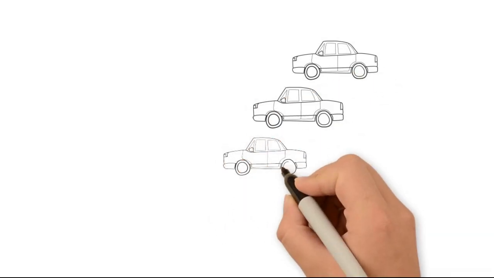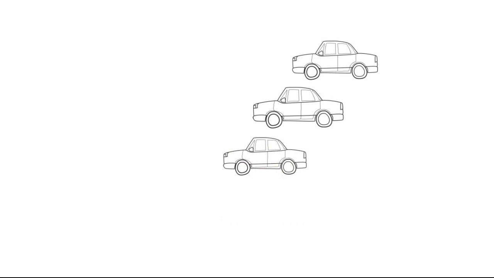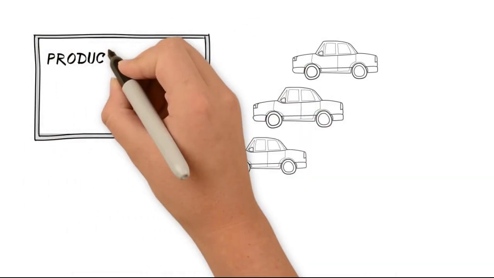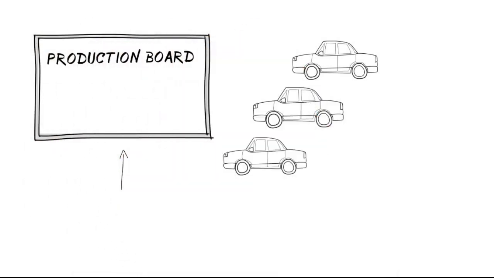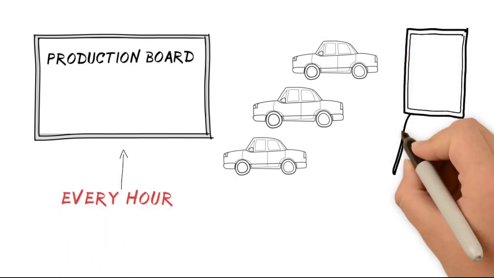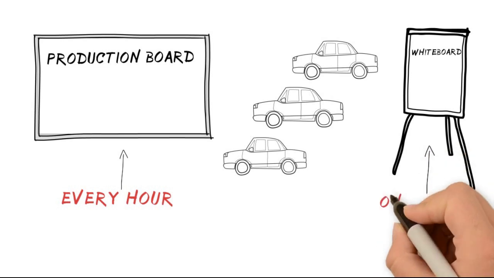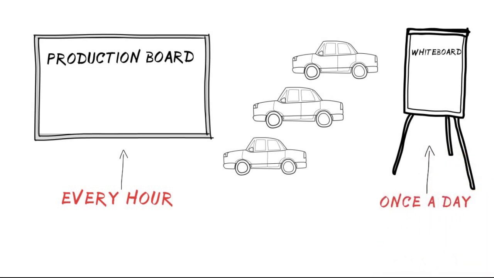Otherwise, the assembly line will stop, which causes the loss of the value of a car every minute. A production by the hour board, by definition, needs to be checked or responded to every hour. A whiteboard or flip chart in an administrative area may only need to be checked once a day. The response time required depends on what has been agreed upon for that specific process in the andon system.